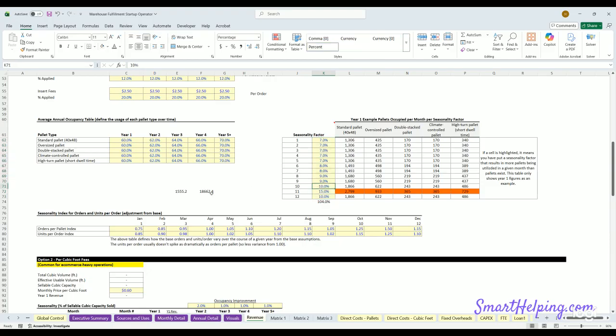And if you put one month too high, for example here, let me format that.